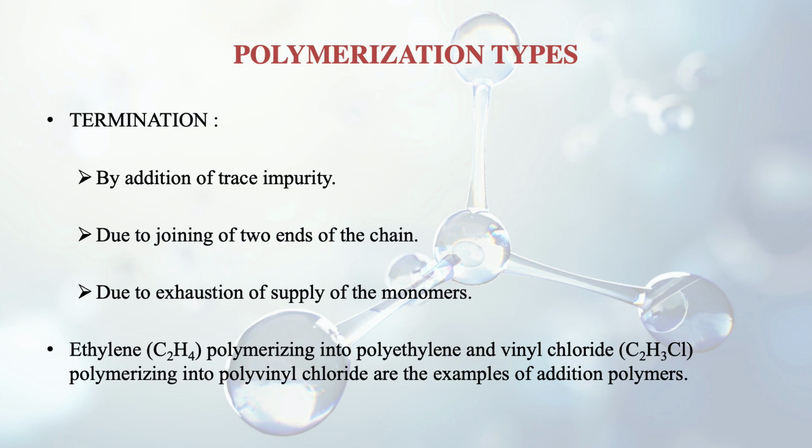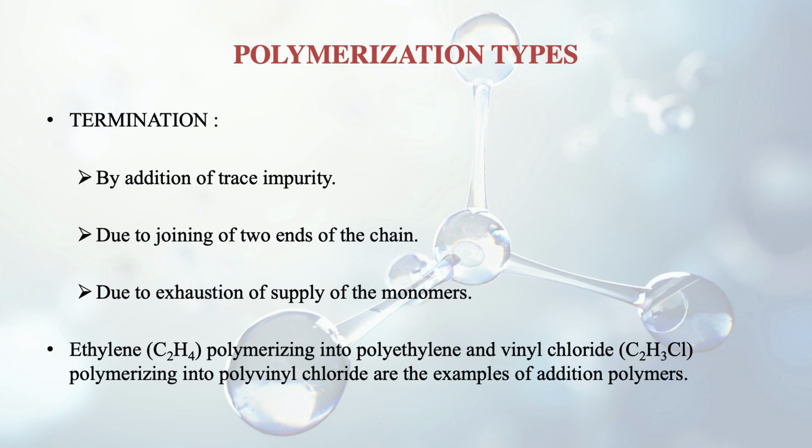Suppose there is ethylene monomer and we are not getting its supply, then it is obvious that the chain will stop. Ethylene, that is C2H4, polymerizes into polyethylene, and vinyl chloride, that is C2H3Cl, polymerizes into polyvinyl chloride. These are some examples of addition polymers.